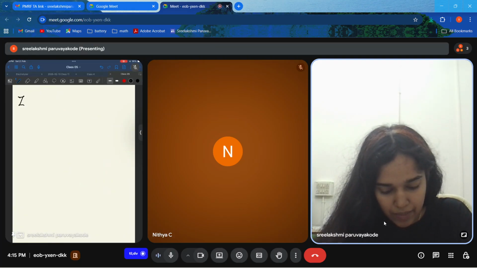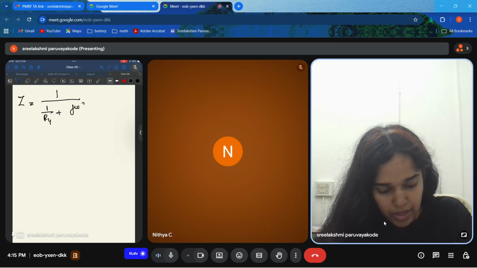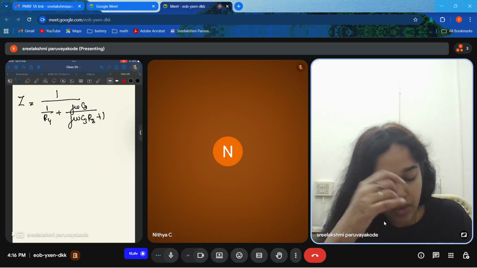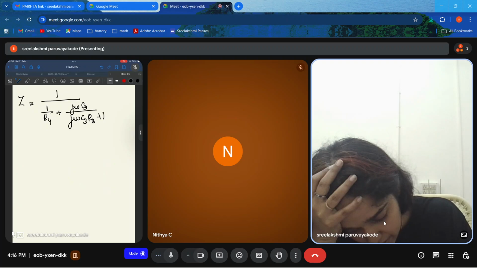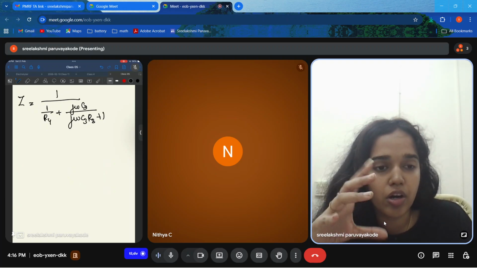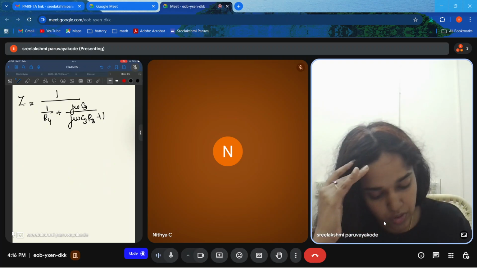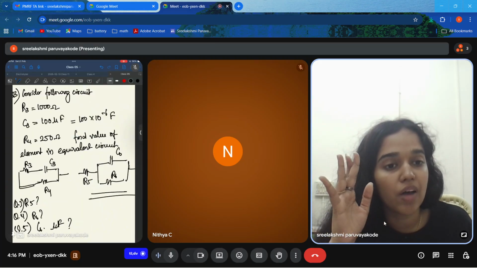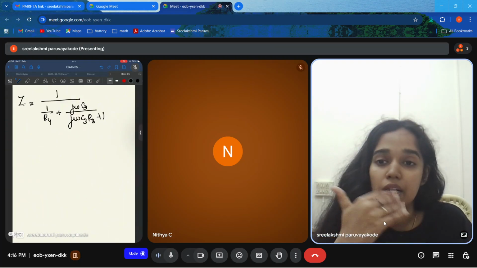So the net impedance I can write as 1 by R4 plus j omega C3 by j omega C3 R3 plus 1. In order to make this easy, this impedance should be equal to the impedance which we get when we solve this equation. That's how we find out R5, R6, etc. But before that, let's simplify.